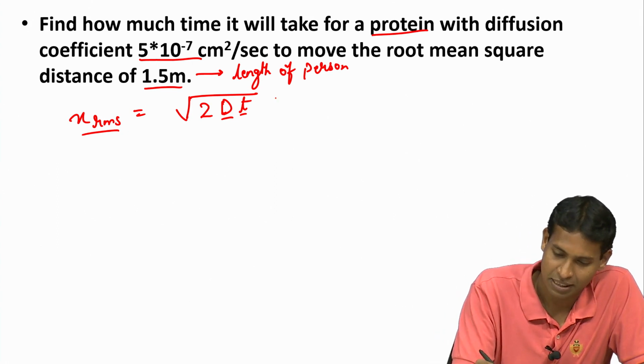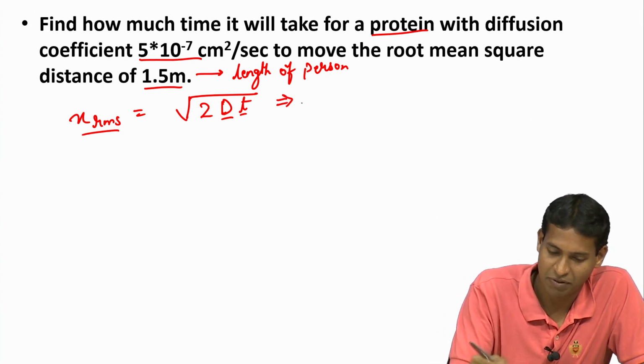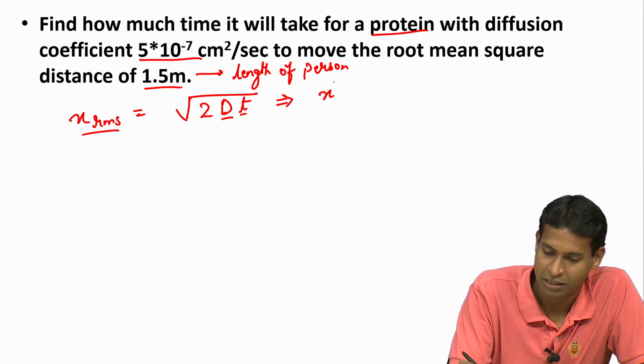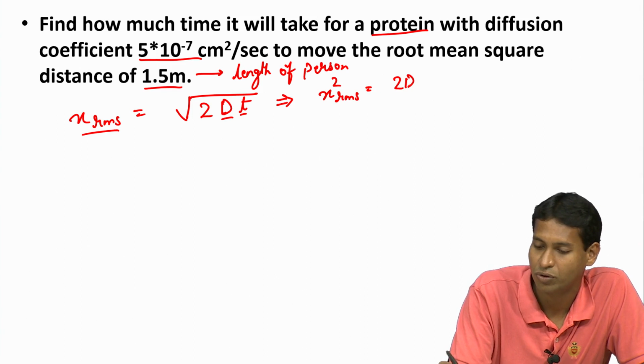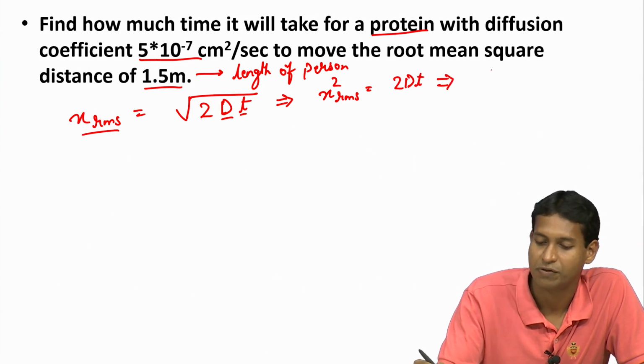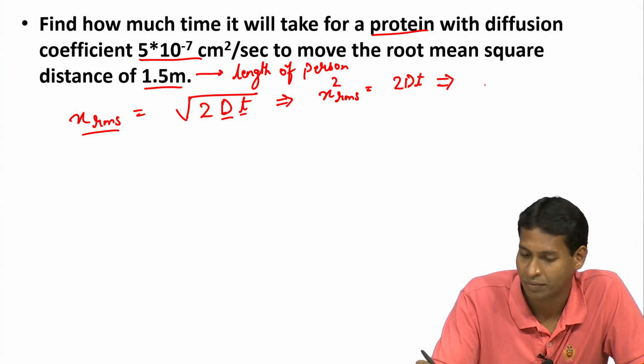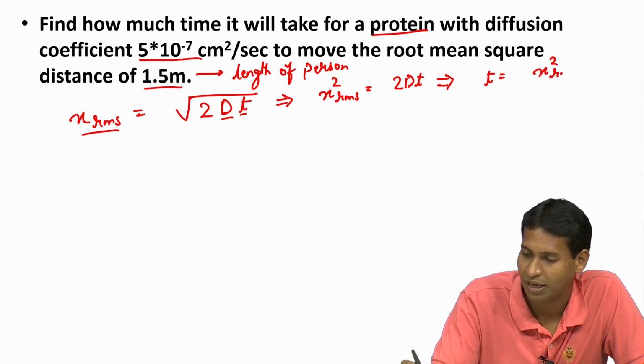So let us do this. If I square both sides, it will become x square RMS is equal to 2 dt, which will then further become t is equal to x square RMS divided by 2d.